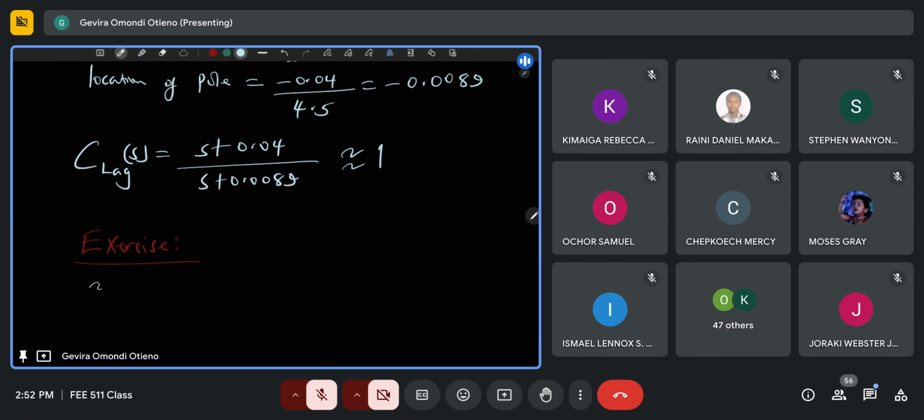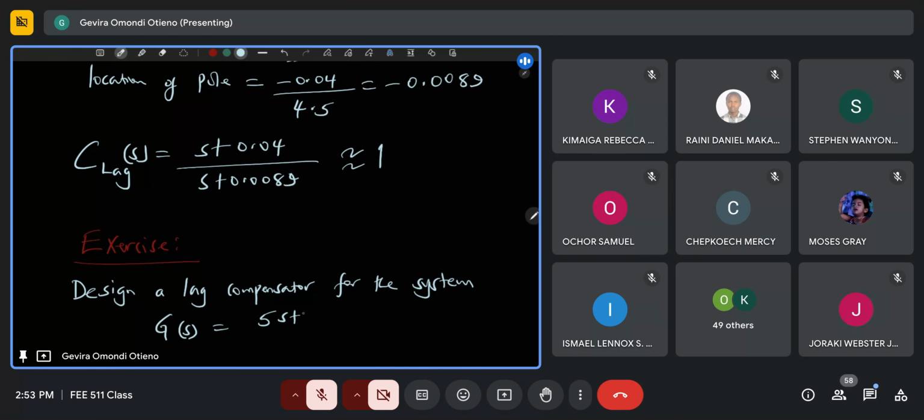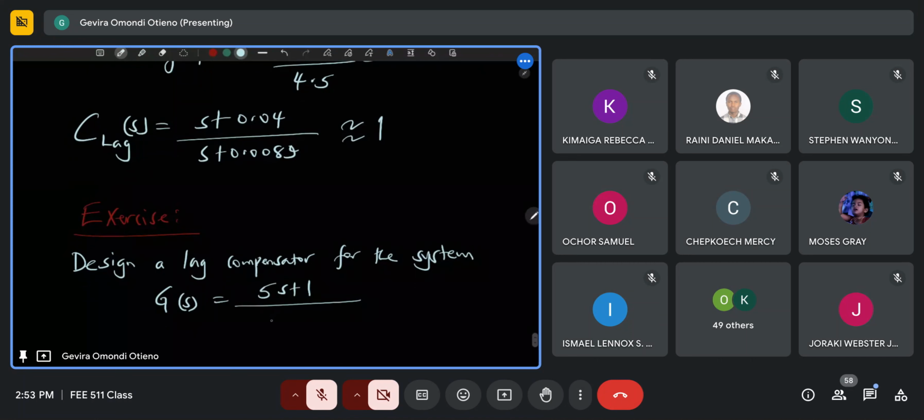So the exercise here is, I hope you're writing it down: design a lag compensator for the system G(s) = (5s + 1) / (s^2 + 13s + 16).